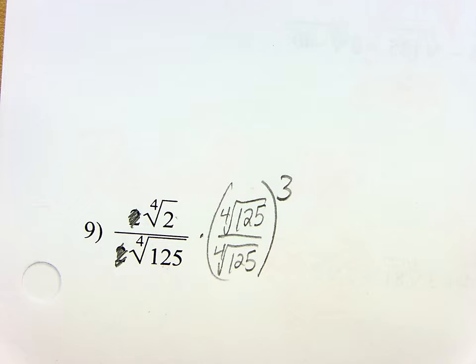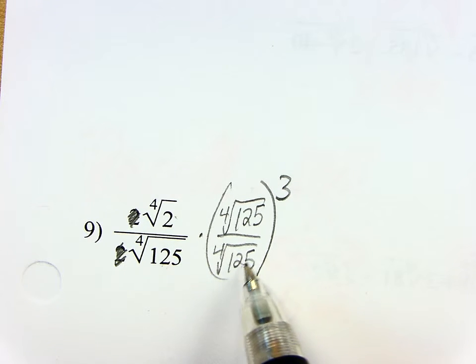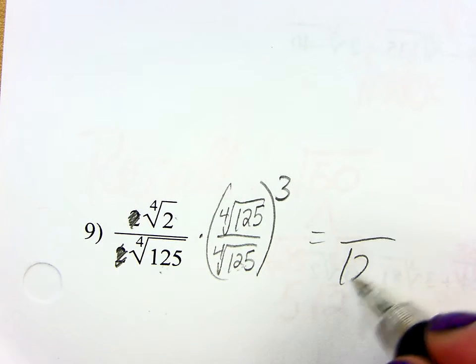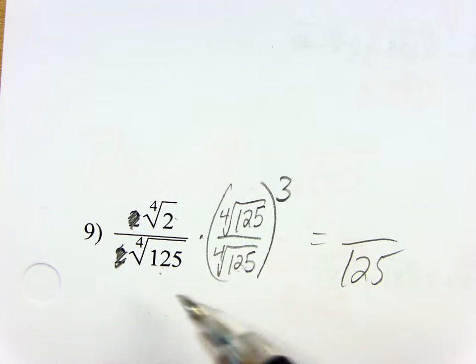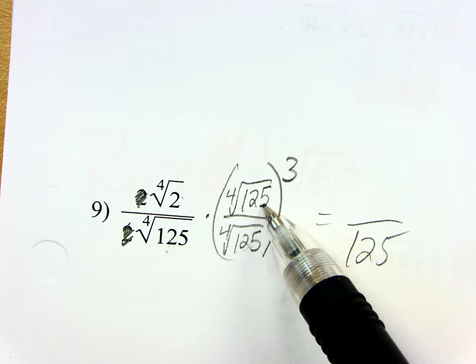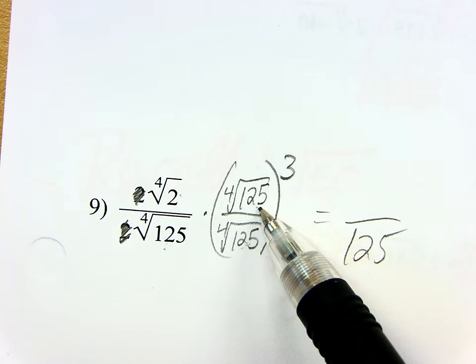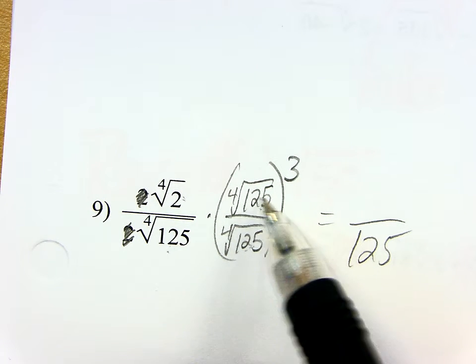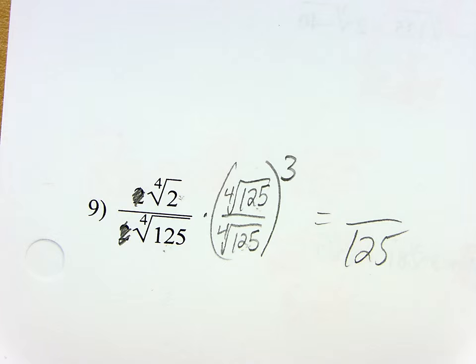It's just going to be 125 because I'm going to have 3 of them from here, and then there's my 4th. With the numerator, you just have to make sure that you're doing 125 times 125 times 125 times 2. You have to cube the 125 and times it by 2. Wow, that's going to be ginormous.